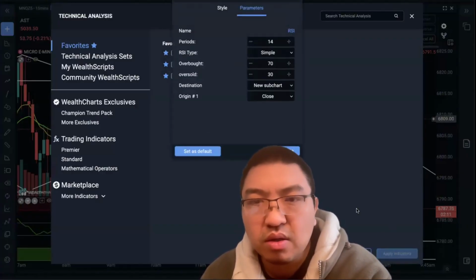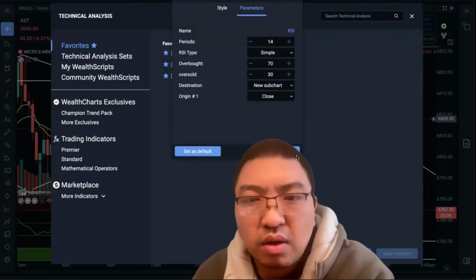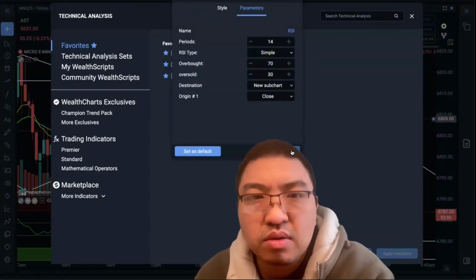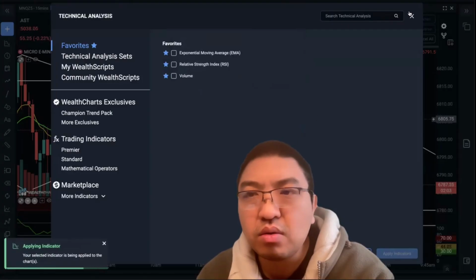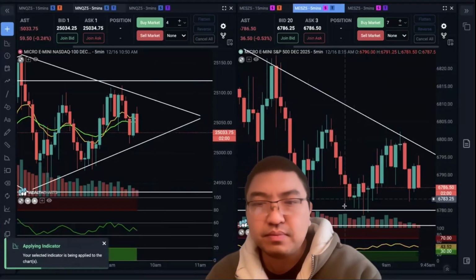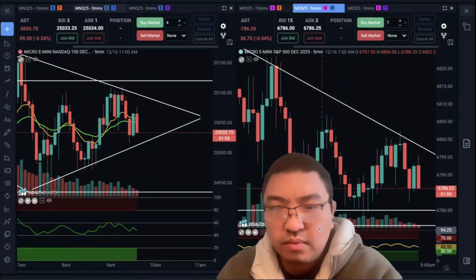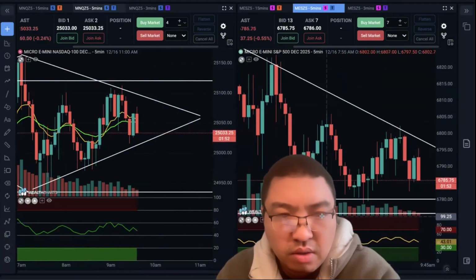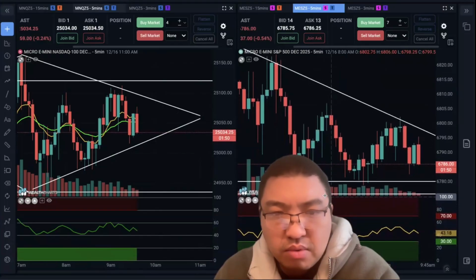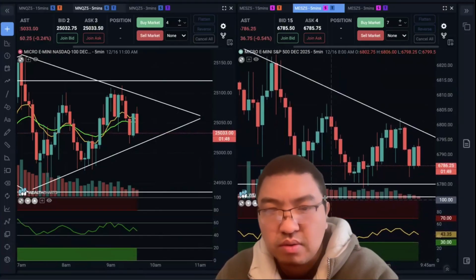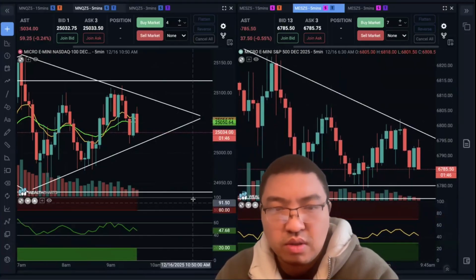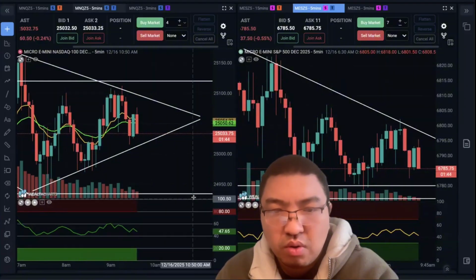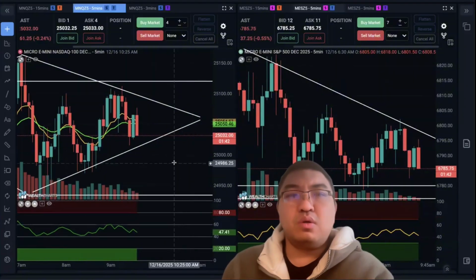Okay, I have some RSI here. Move it up to somewhere here. Overbought, oversold. Okay.